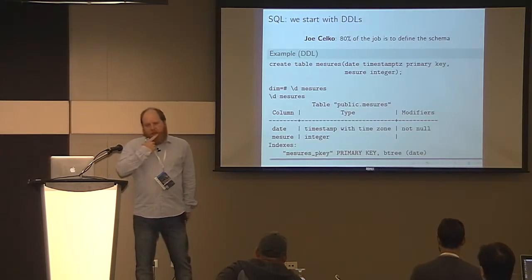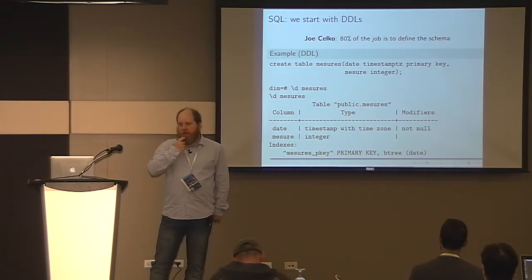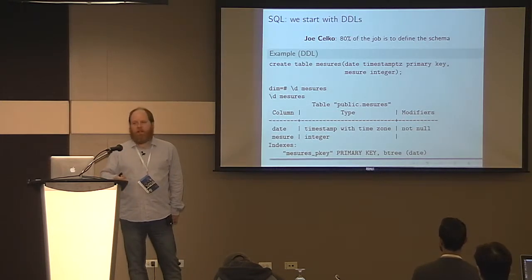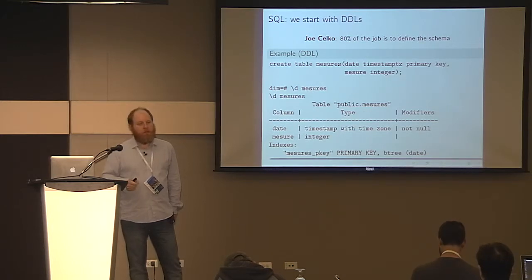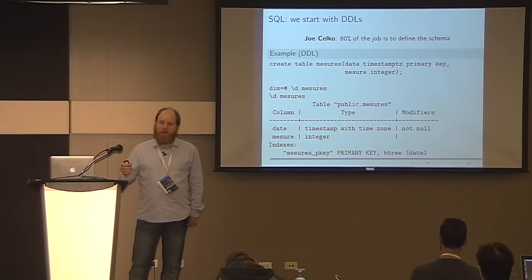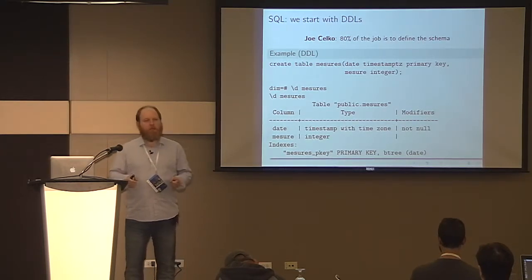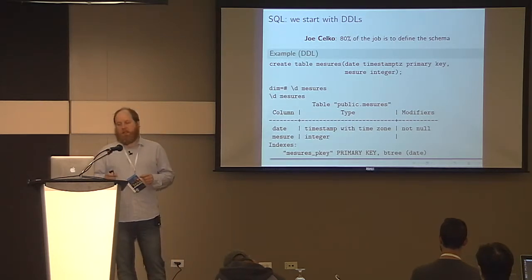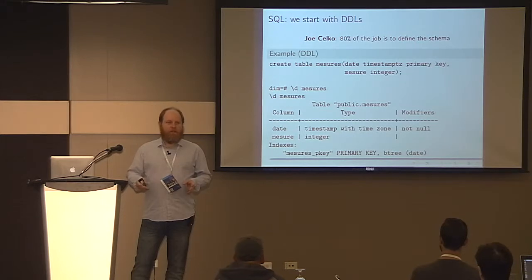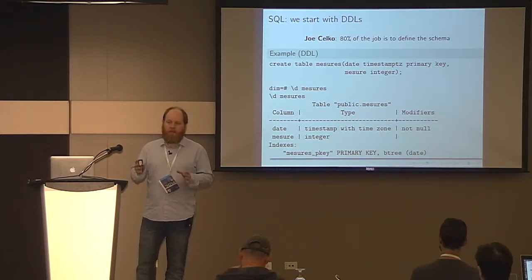So usually the first thing that you want to spend time on in SQL is really the DDL, the data definition. SQL is a strictly typed environment, and any SQL query will get you back something whose type has to be known before running the query. So the DDL is mighty important. Joe Celko said that 80% of the time when dealing with databases should actually be spent on working on the DDL.